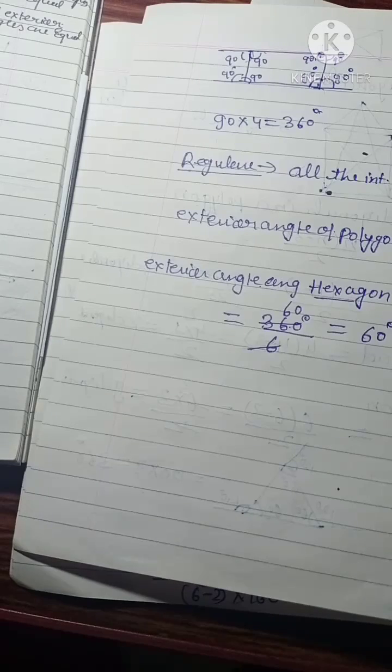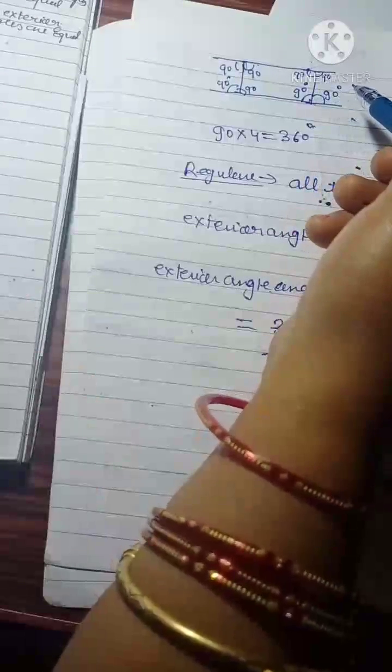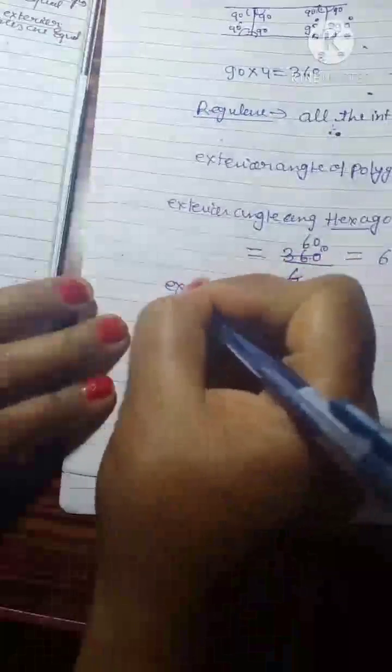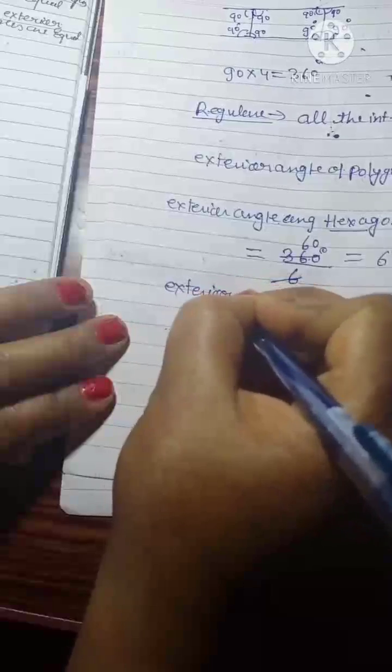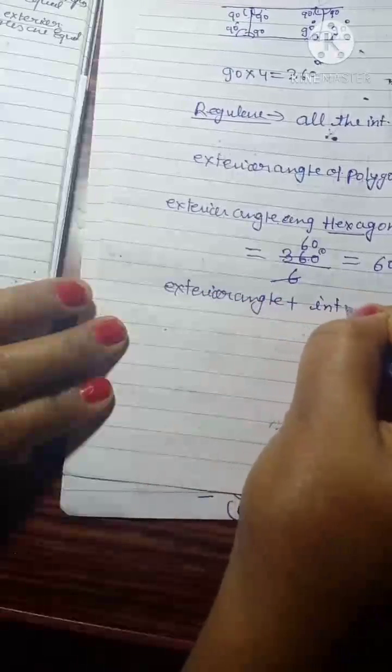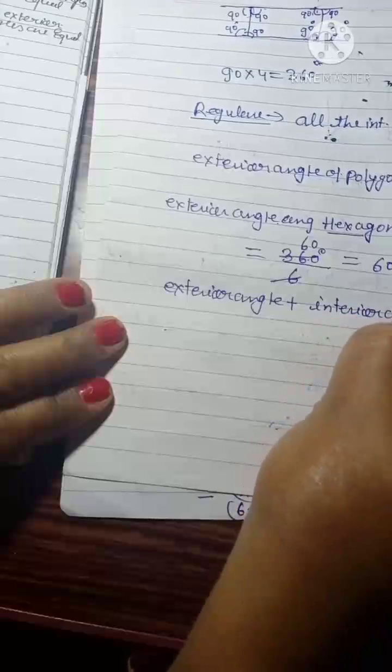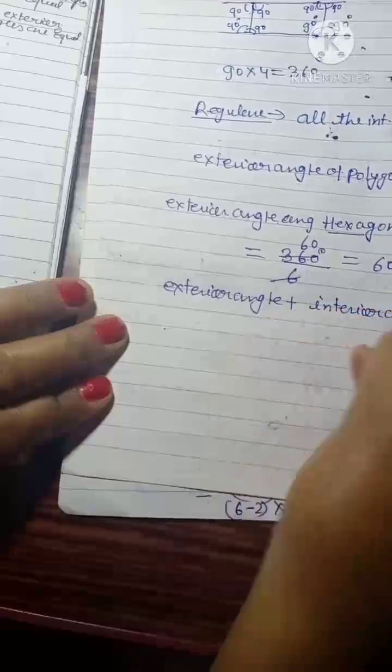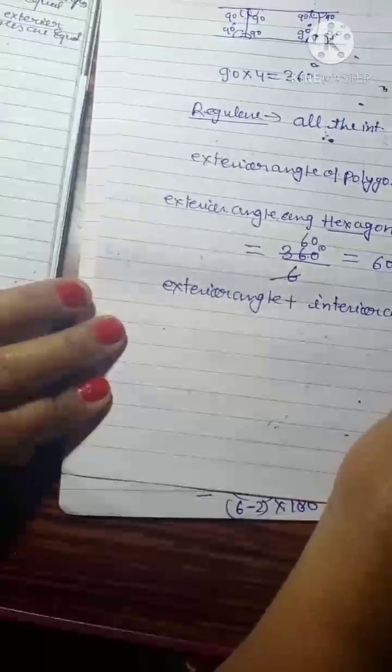So in this way you can find the exterior angle. And one more thing, for any figure you have seen that we are applying the linear pair property. Here I have applied the linear pair property, 90, or here also it will be 90. So it means exterior angle plus interior angle will be equal to 180 degrees.